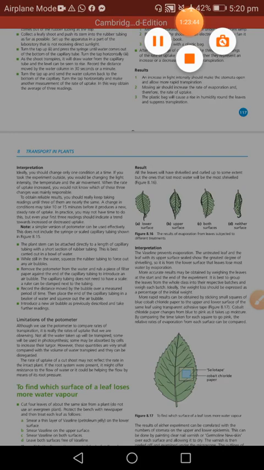Then water moves from the guard cell into the surrounding cells by osmosis, and the guard cell becomes loose, not tight, not turgid. The guard cell becomes loose, which we call flaccid.